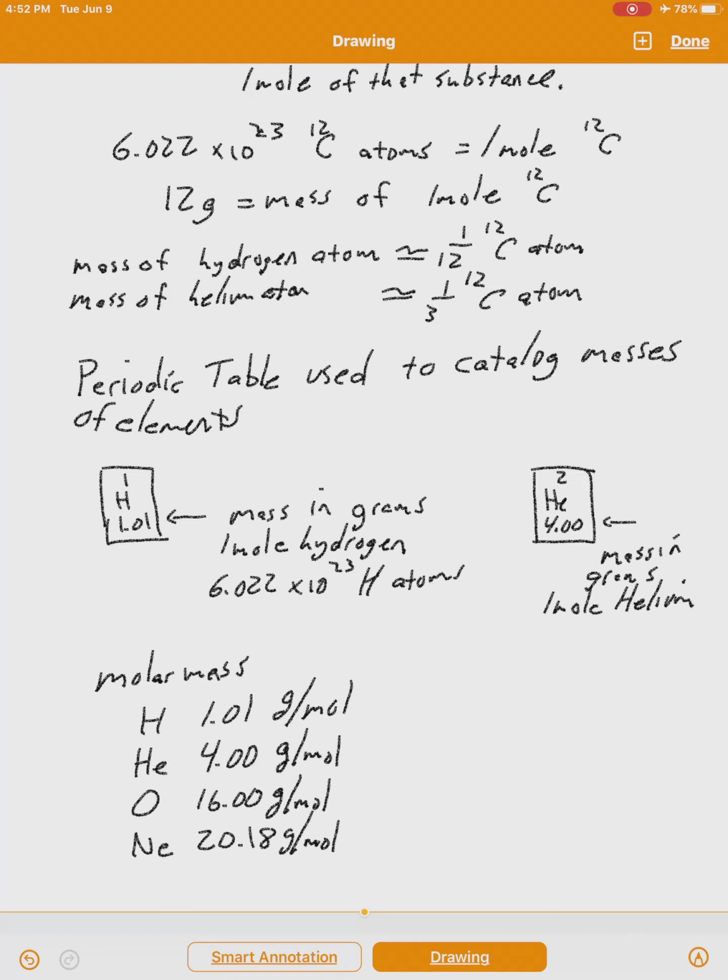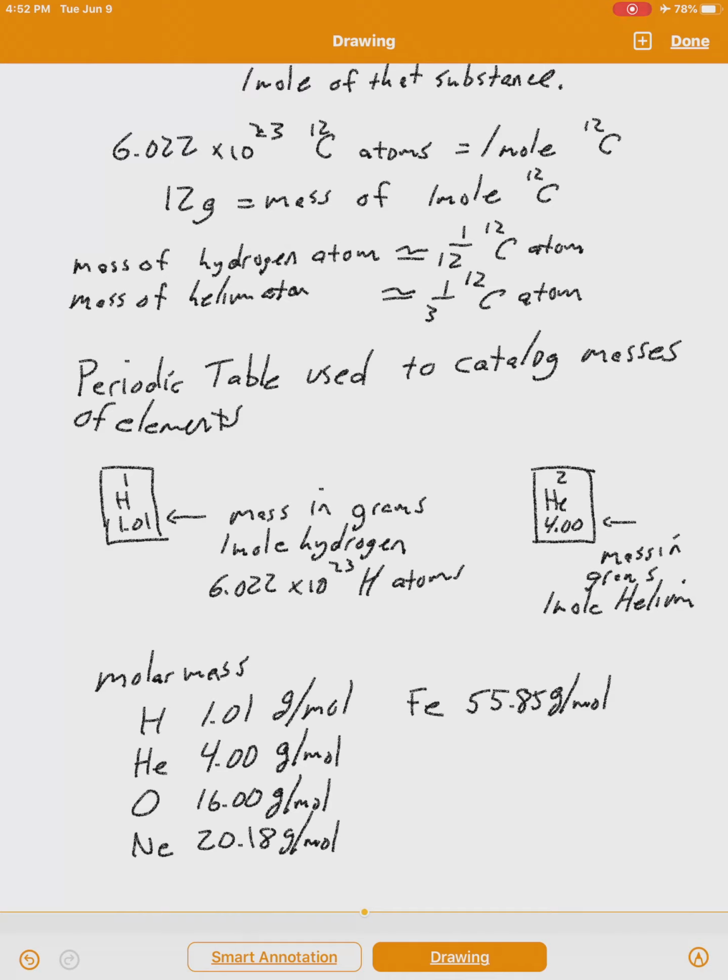So forth and so on. Iron, if you want to look at a metal, 55.85 grams per mole. So the periodic table ends up being very useful for mass calculations because it essentially tells us how much mass we would expect a given amount of substance to have.